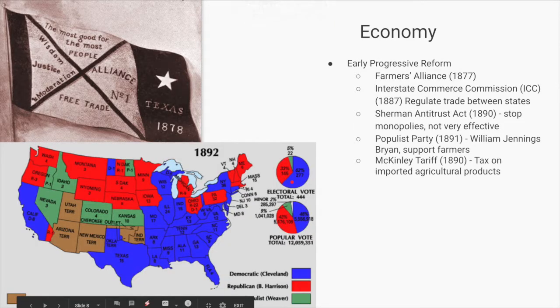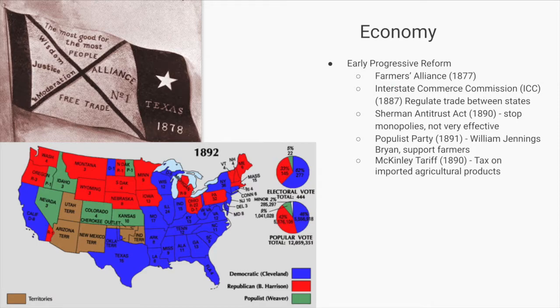Now, obviously, most of those strikes are all going to occur in the North with factory workers, but in the West, we're also going to see some progressive reform happening, okay? We see the Farmers Alliance form, which is very similar to the Grange. Farmers Alliance is a little newer and a little smaller, but know about those two organizations that are fighting for equal shipping costs, and they're trying to get like the free silver movement passed, right?